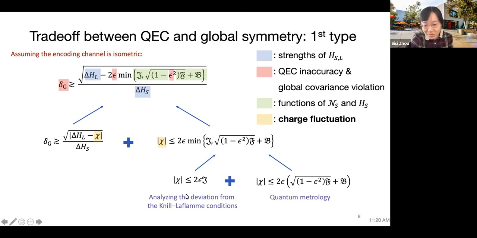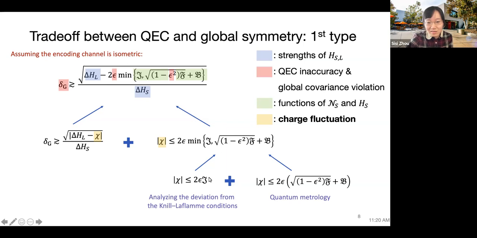First, by analyzing the derivation from the Knill-Laflamme condition, we can get that the absolute value of chi is upper bounded by 2 times epsilon times some parameter j. On the other hand, using techniques from quantum metrology, we can derive a different bound by replacing j with this thing. So combining these two, we have this whole thing.